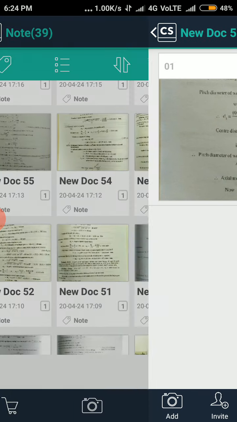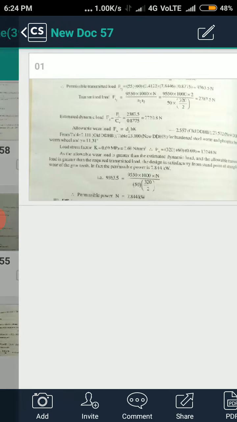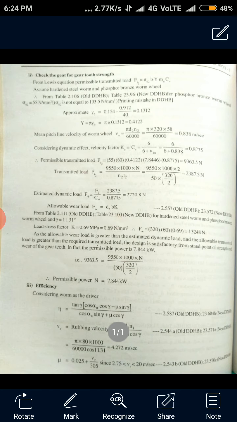Just check the formula I have given. Otherwise you can use this also. The equation is there, as I told earlier, 23.604b, that is eta equal to tan gamma into bracket cos alpha cos gamma minus mu sin gamma divided by cos alpha sin gamma plus mu cos gamma. So here mu is the friction coefficient. Gamma you already know, alpha you know.